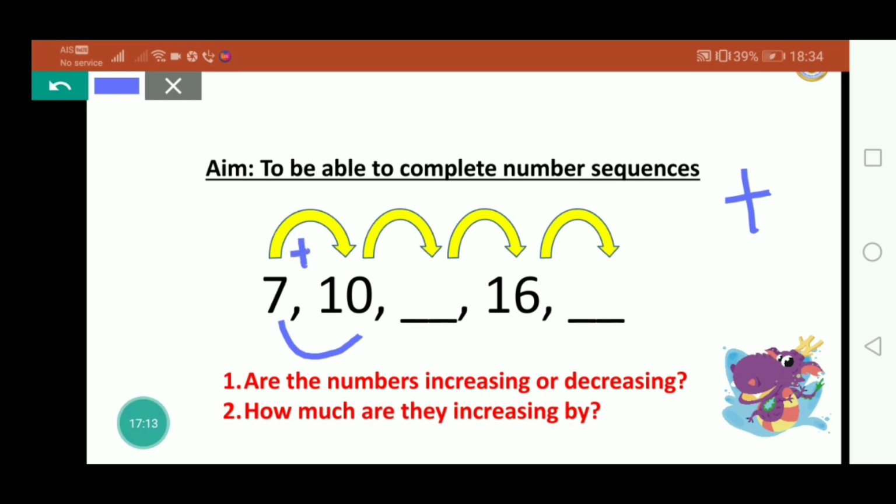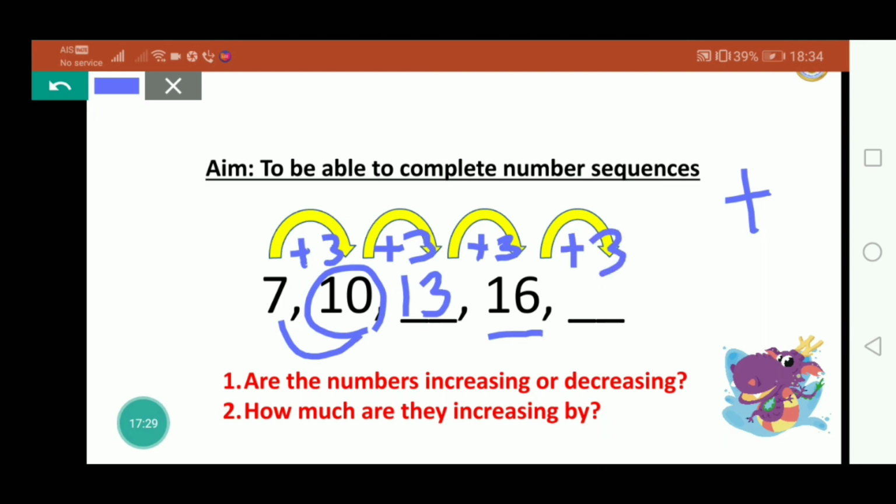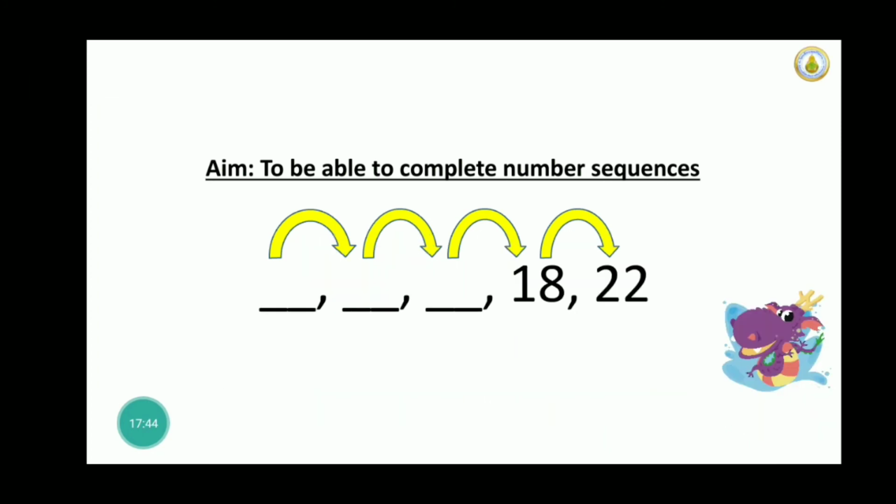Well done. They increase by 3. 7 plus 3 is equal to 10. 10 plus 3 is equal to 13. 13 plus 3 is equal to 16. And 16 plus 3 is equal to 19. Very good. Next activity.